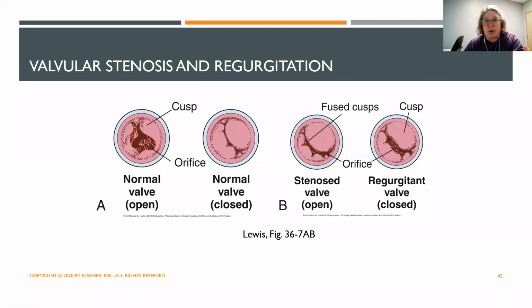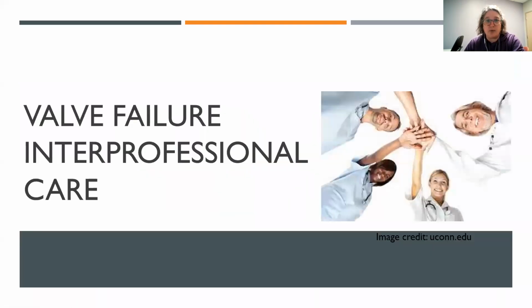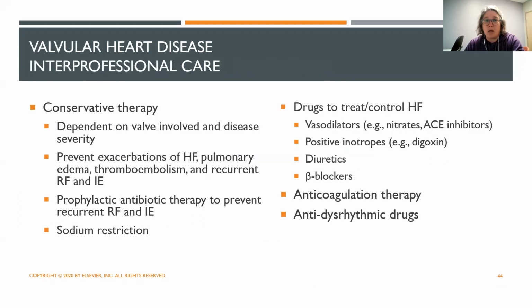So what do we do about that? Let's look at some interprofessional care. There are some conservative therapies, which depends upon the valve involved and how bad the problem is. So basically what we're trying to do with conservative therapy is prevent any exacerbations of heart failure, one of them being pulmonary edema. We're also preventing thromboembolism.